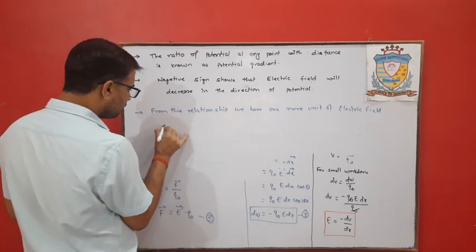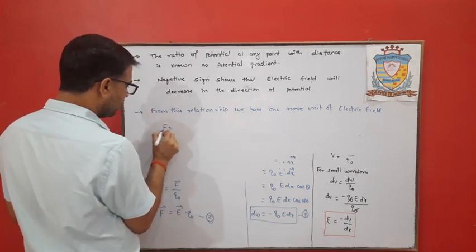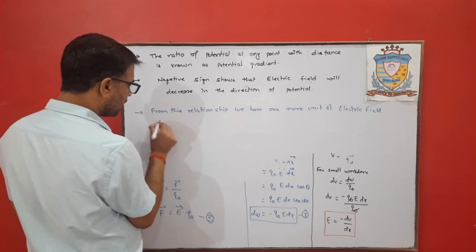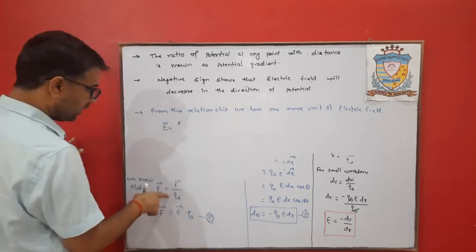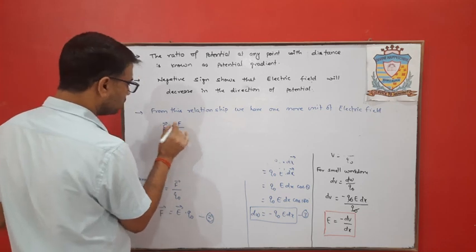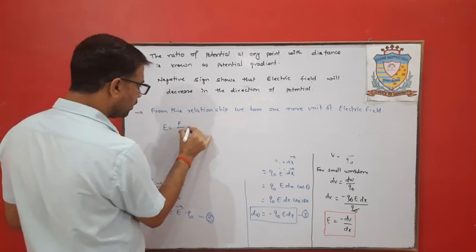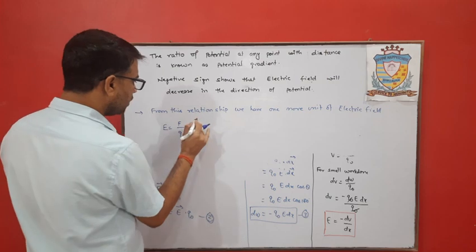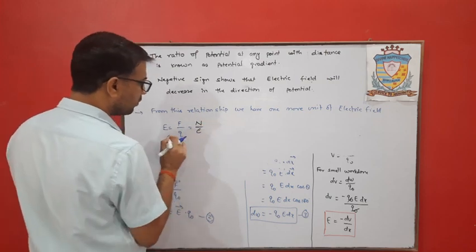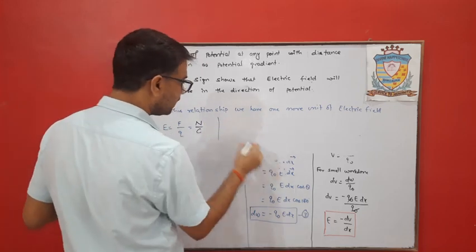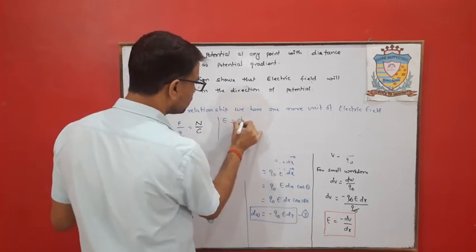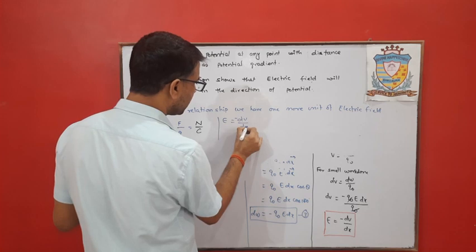Previously, as we know, electric field is equal to F upon Q, so in that case the unit will be Newton per Coulomb.